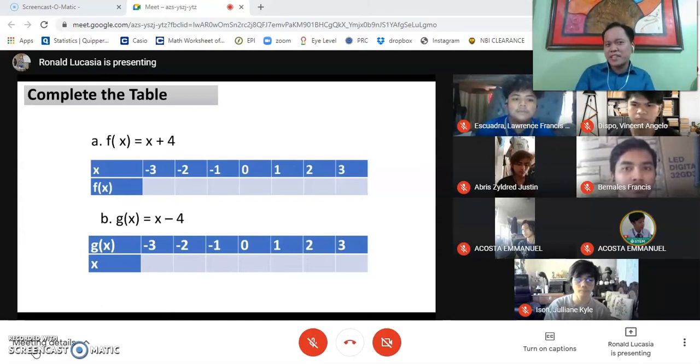Lawrence, can you give me the f of x in letter A? So if the value of x is negative 3, the value of y is 1. If x is negative 2, y is 2.